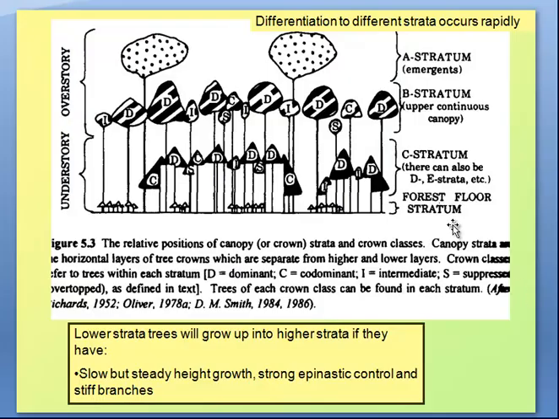So here we go. This is a stand, and in this particular stand we're going to be looking at all the different strata. If you look at those trees, they're the forest floor stratum. These are the ones that are just coming up, and these are part of the understory.